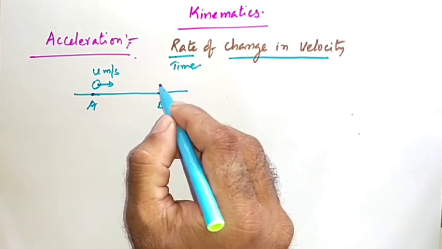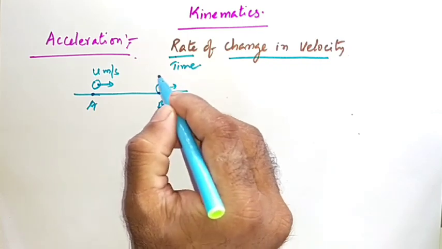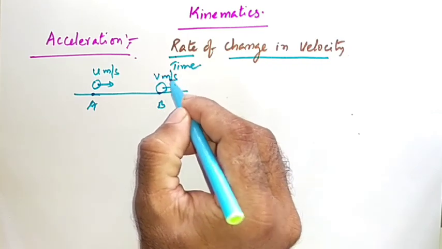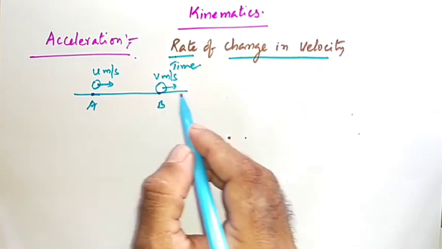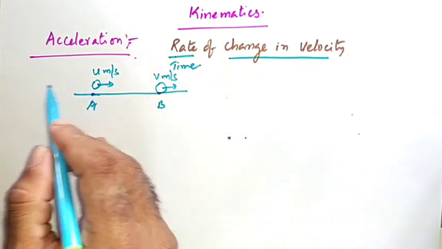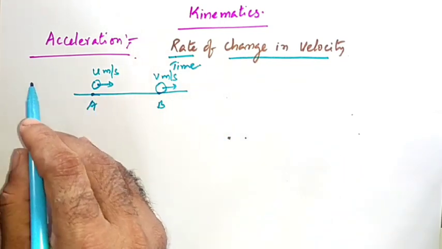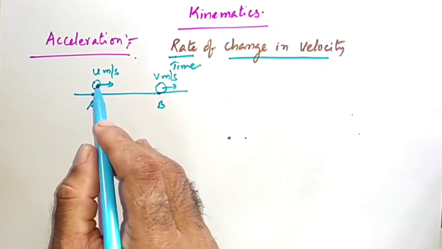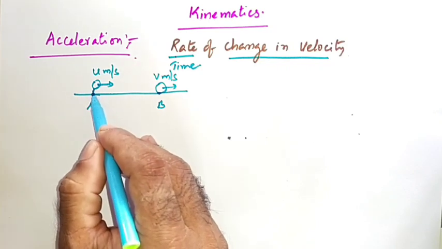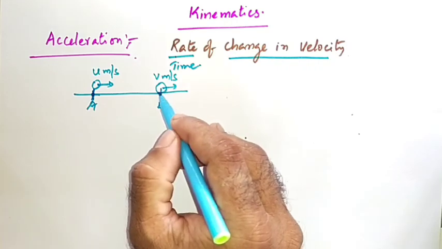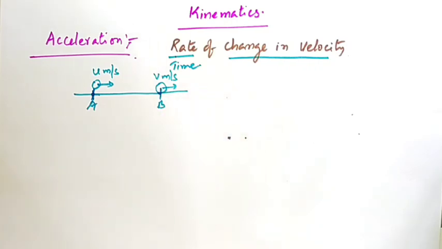After reaching B, the velocity of the body is v meters per second. After B also the body is moving, and before A also the body is moving. From somewhere it is coming, but I have started observing from point A till point B.